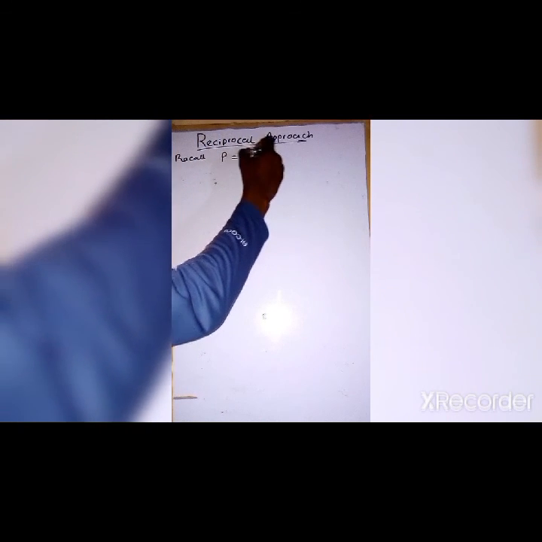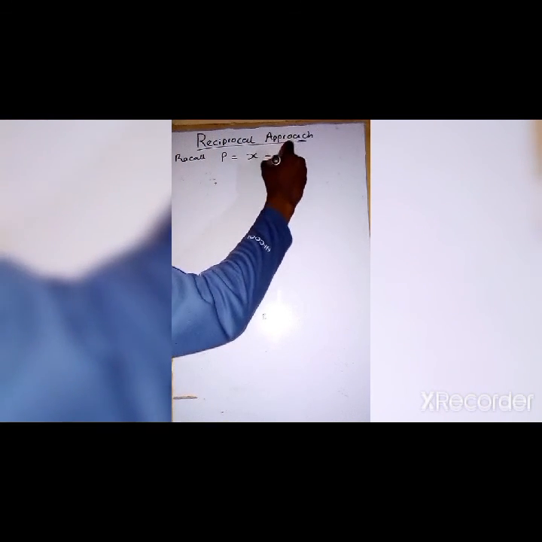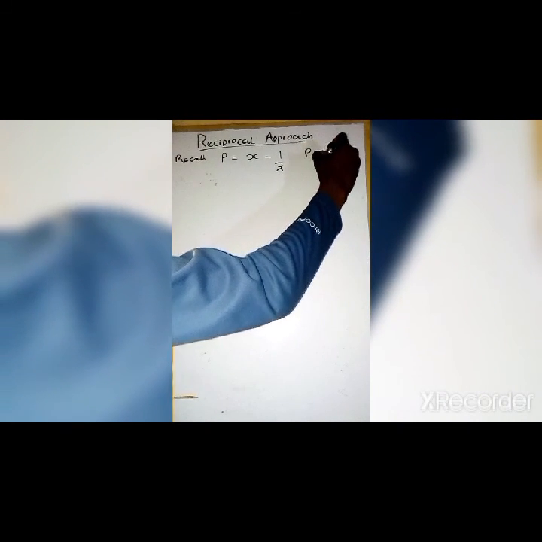Now we call that our p. p is what? x minus 1 over x. So now we have two values. We have p equals 15 over 4 or 3 over 2. So we use both.